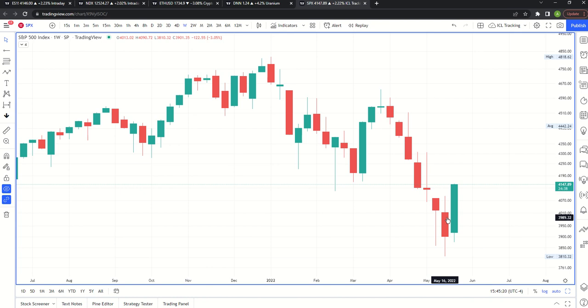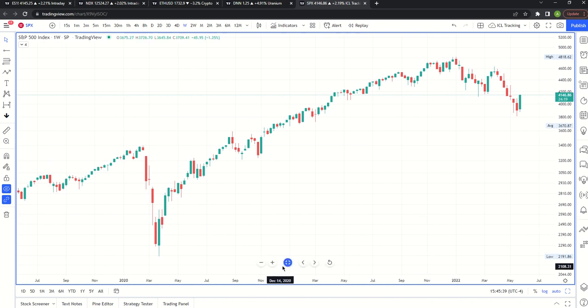So very bearish, right? And now we've got our first green candle in a while, and that is very bullish. And this candle is going to close now in 15 minutes, and it will be the final version of what it's going to look like. So that's the weekly candle.